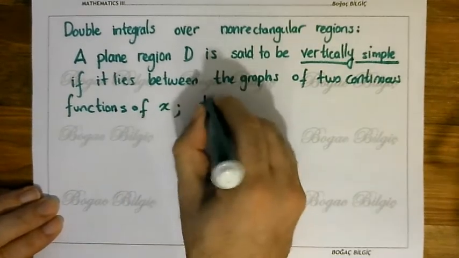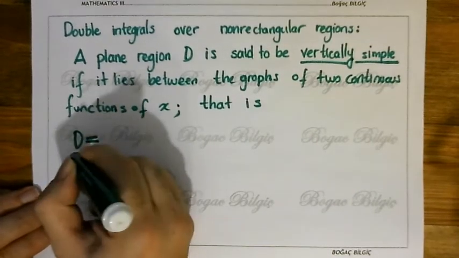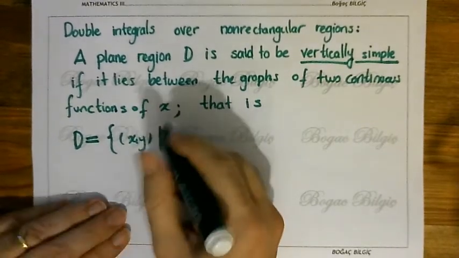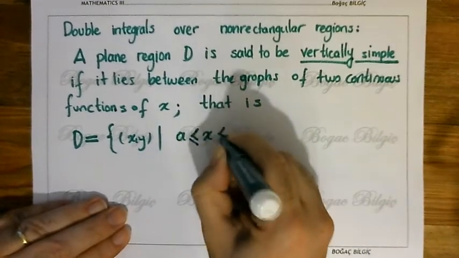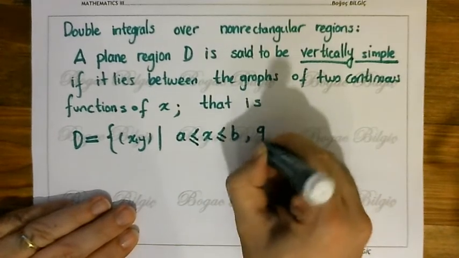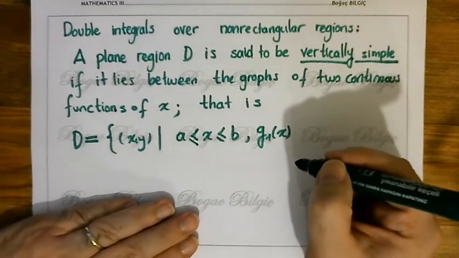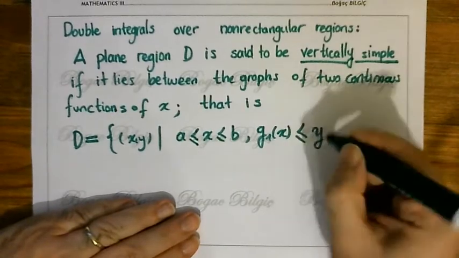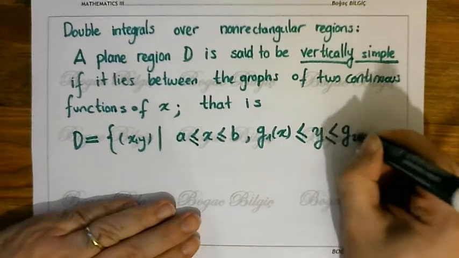That is, D is the set of (x, y) such that a is less than or equal to x is less than or equal to b, and g1(x) is less than or equal to y is less than or equal to g2(x).